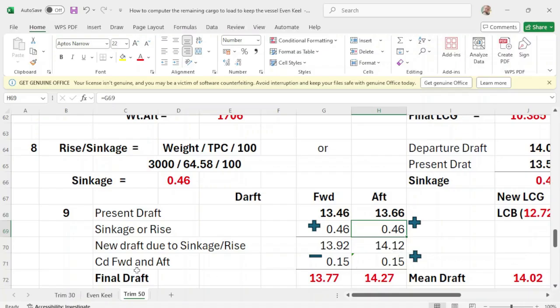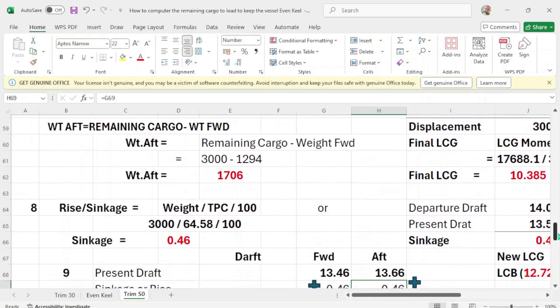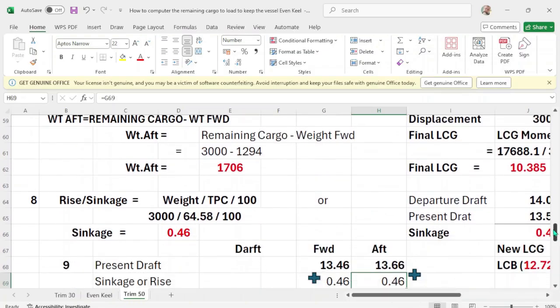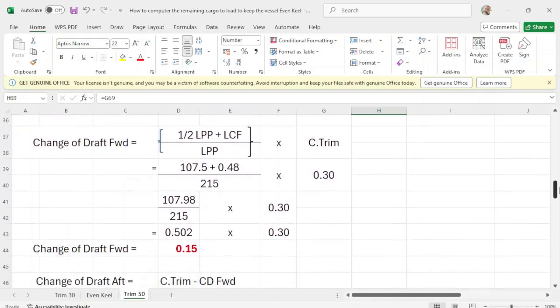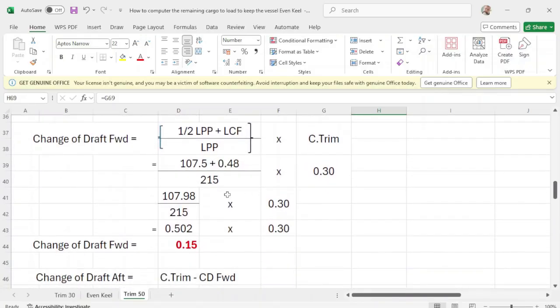Now, to get this change of drop forward and up, this is the formula. First, to get the change of drop forward, the formula is 1/2 LPP plus LCF over LPP times your change of trim. Your change of trim is 30.